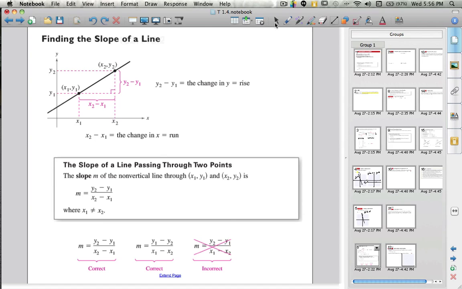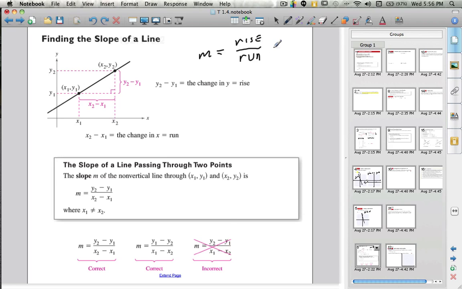Okay, if we want to calculate slope, I mentioned earlier that slope is rise over run. So how do we calculate rise? Slope is equal to rise divided by run. Rise is vertical change, and as I move from point to point, vertical change could be measured by taking the y value of the second point minus the y value of the first point, y2 minus y1.